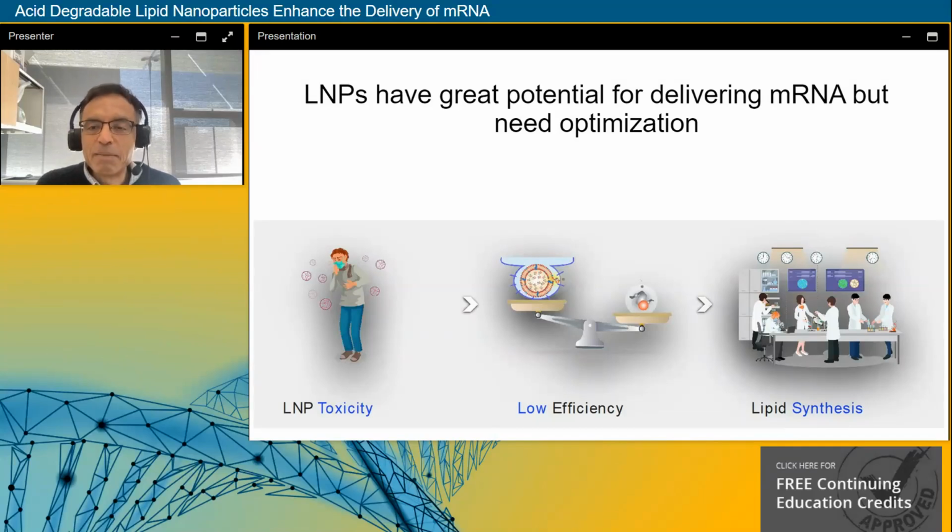Turns out that making lipids that are going to be part of lipid nanoparticles is actually quite challenging. And so people cannot make large libraries of lipids that can be used to screen lipid nanoparticles. And this is a pretty big roadblock in terms of lipid nanoparticle optimization. And from now, I'm going to use the acronym LNP for lipid nanoparticle.